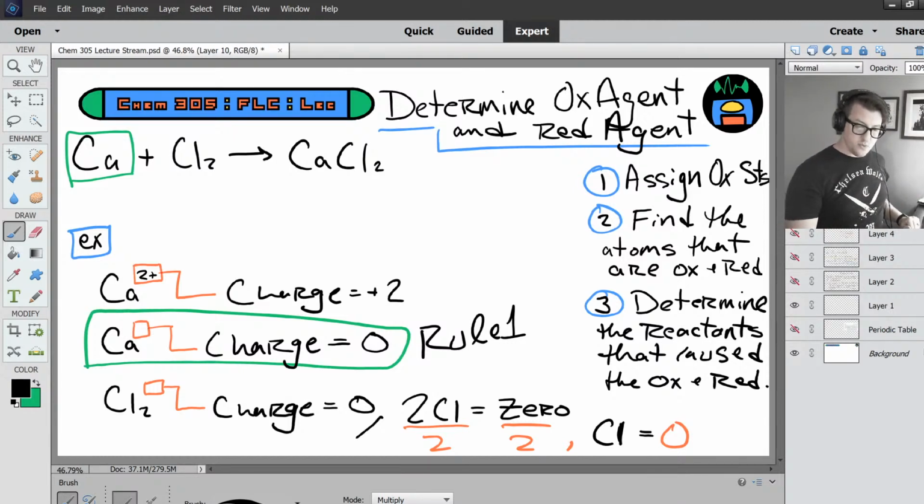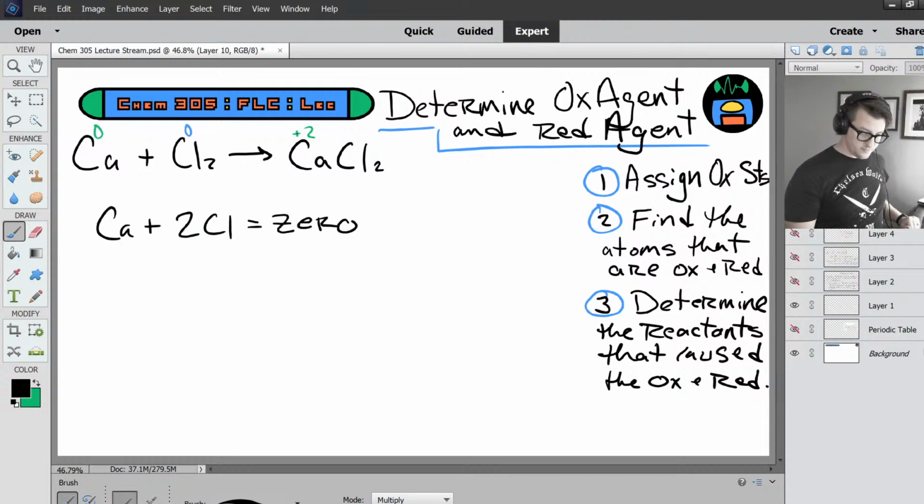Okay, so with that in mind, that is why calcium and chlorine on the reactant side both have oxidation states of 0, because we know that the individual oxidation states of everyone present have to add to the total charge. On the reactant side, calcium atoms have no charge, and molecular chlorine has no charge. Yep, Karenza, you got it.